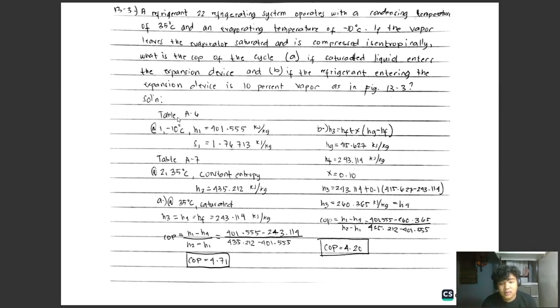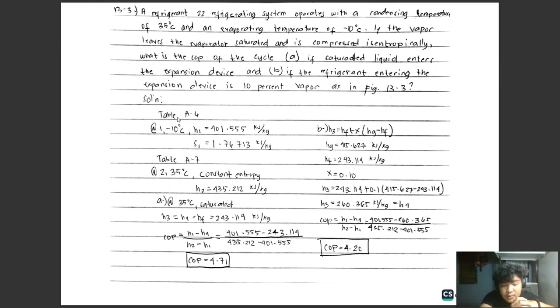So let us compute h3. h3 is equal to 143.114 plus 0.1 multiplied by 415.627 minus 143.114. So we have h3 equal to 260.365 kilojoule per kilogram, which is also equal to our h4.